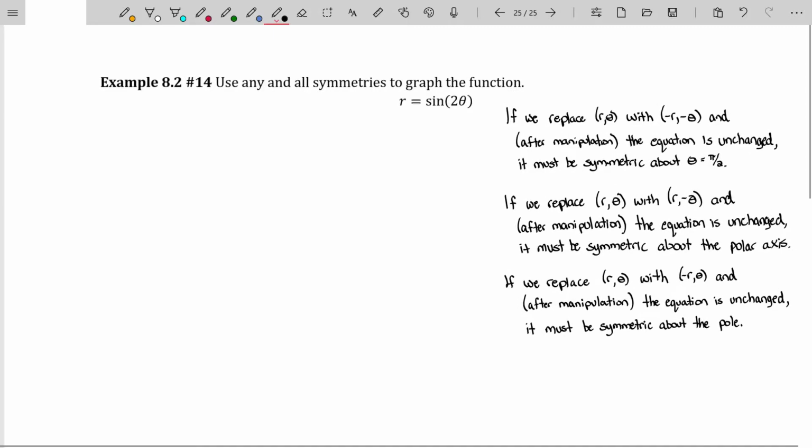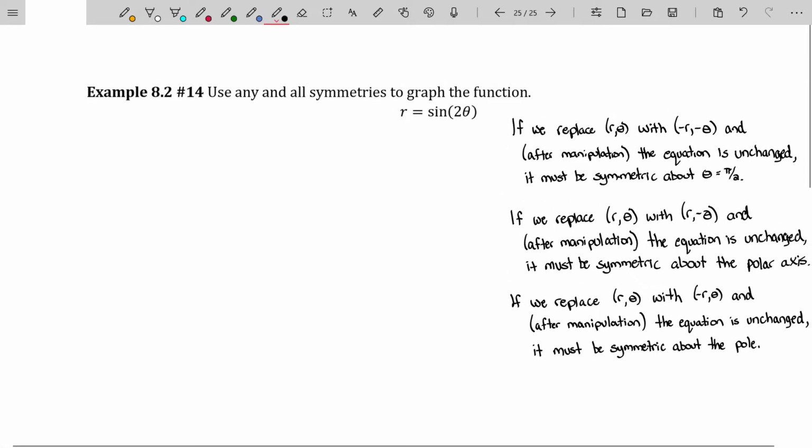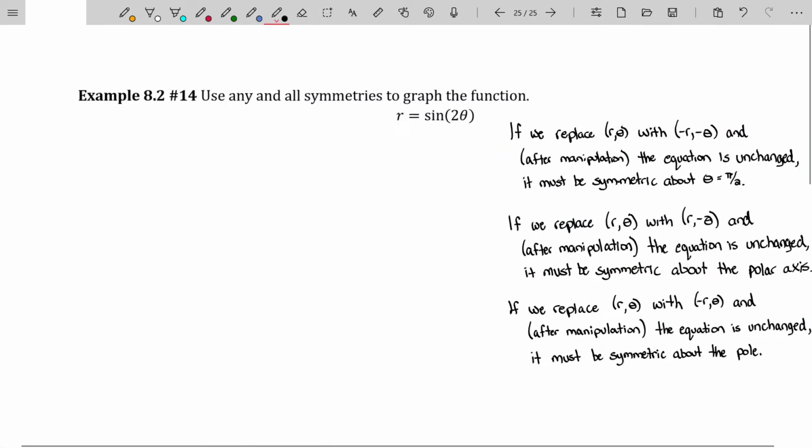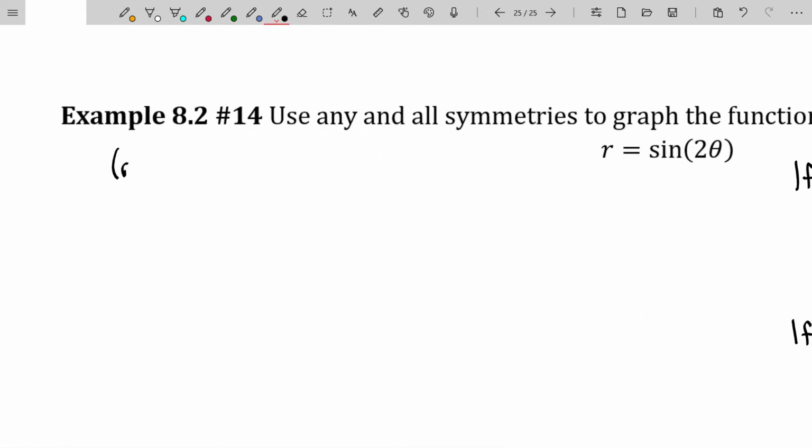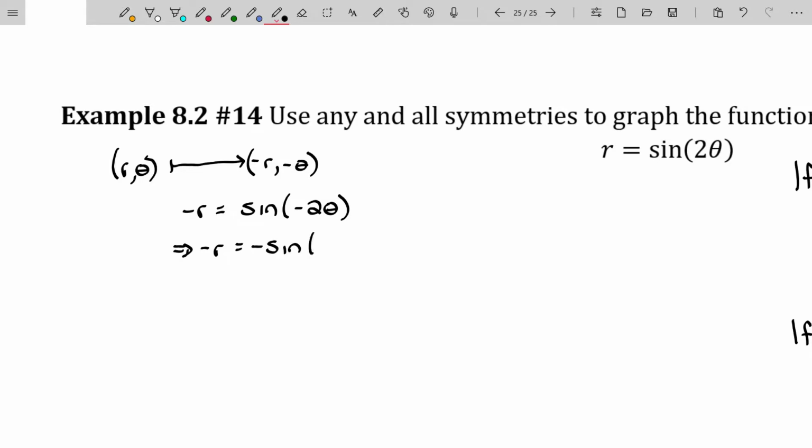So let's start with symmetry about the line theta equals pi over 2. Let's take r comma theta and trade it out for negative r comma negative theta and see what happens. So negative r is equal to sine of negative 2 theta. Sine is an odd function, so that tells us that negative r is equal to negative sine of 2 theta.